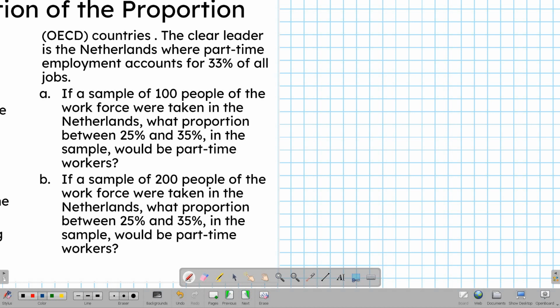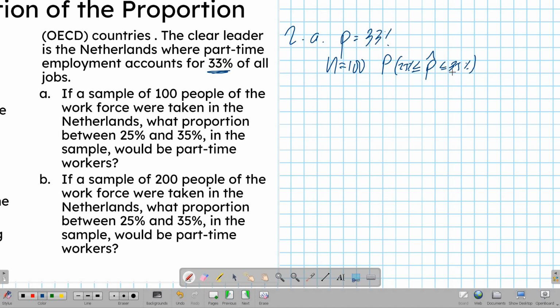So let's now go for 2A. This 33% is the proportion for the entire Netherlands, so that's your population proportion. With a sample of 100, we want the probability that the sample proportion is between 25% and 35%.